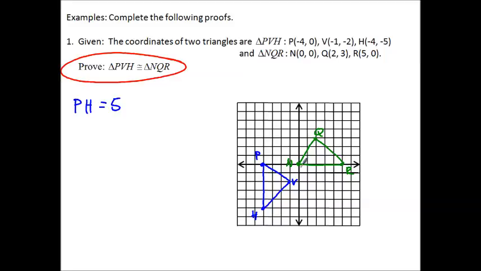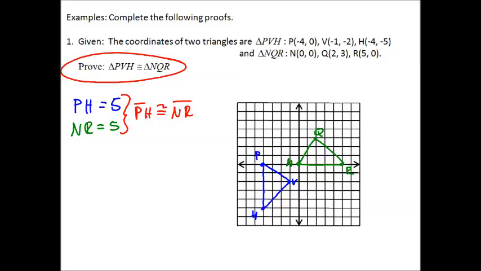So let me count. How long is the distance between N and R? How long is the side? And that's indeed also 5. So PH is equal to 5 and NR is equal to 5. So then we can indeed say segment PH is congruent to segment NR.